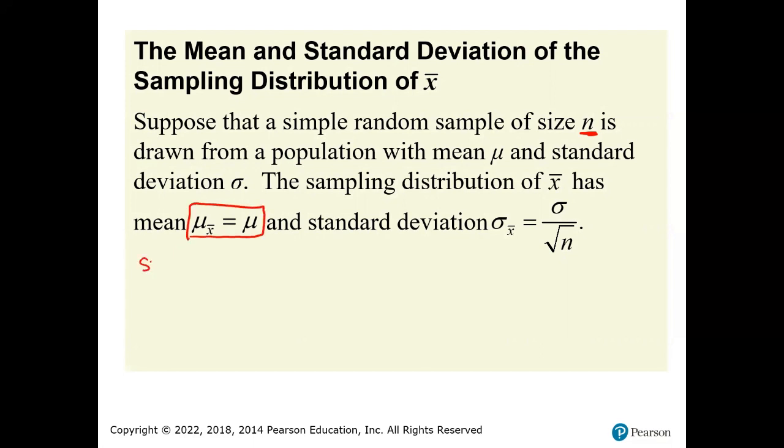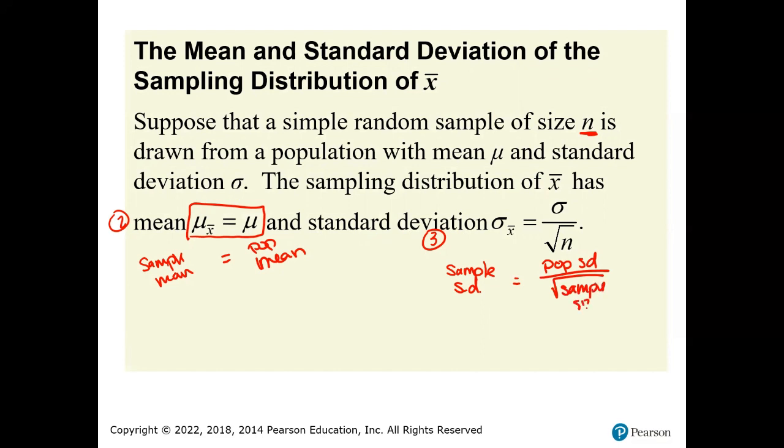So sample mean equals population mean. That's part 2 of what we said. Part 3, the standard deviation can be calculated as follows. Sample standard deviation is equal to the population standard deviation divided by the square root of your sample size.